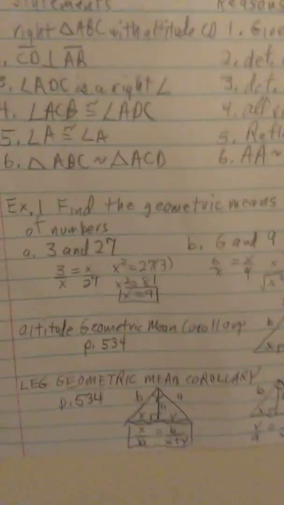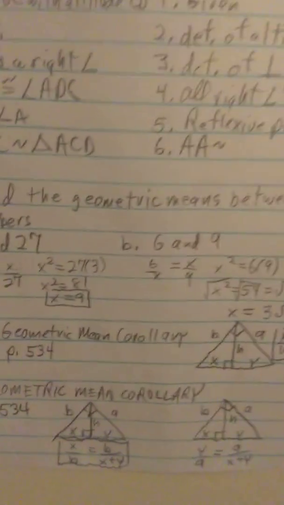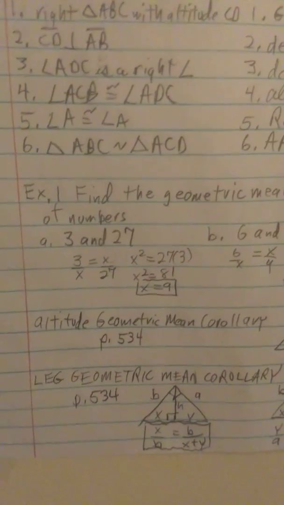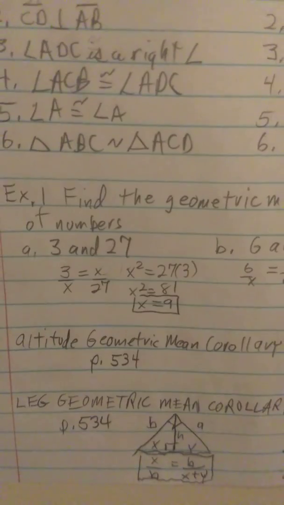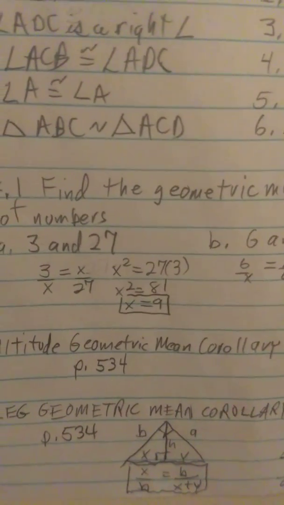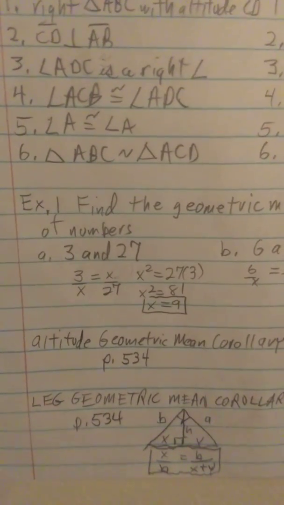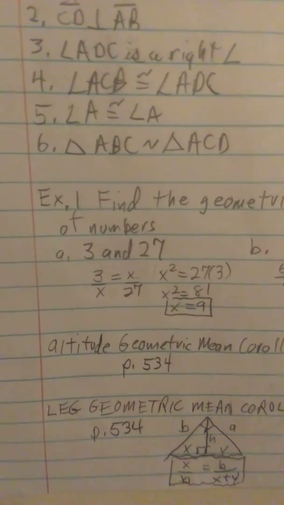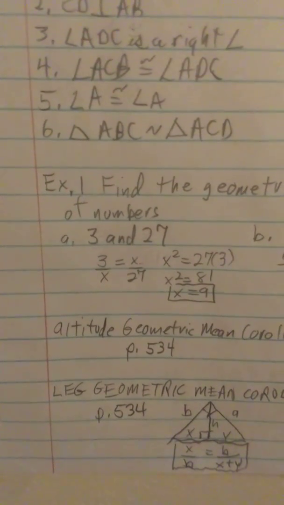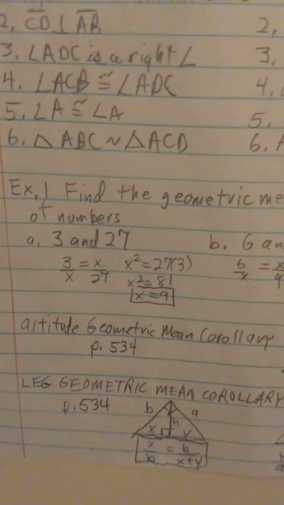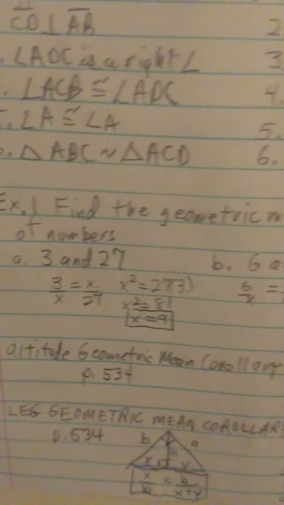Now, to get us ready for our theorems, in example 1, we're going to find the geometric means between each pair of numbers. So to do a geometric mean between 3 and 27, notice, we set it up as 3 over x equals x over 27. So the 3 and the 27 get multiplied on the cross multiply. So as we multiply, we get x squared equals 27 times 3, x squared equals 81, the square root of 81 is 9, so x equals 9.